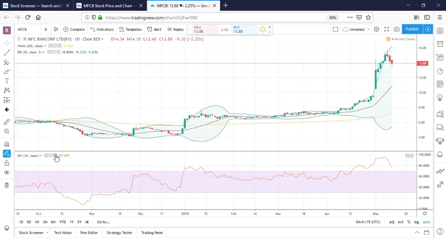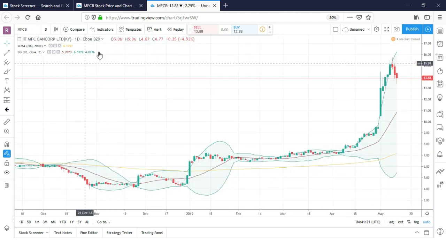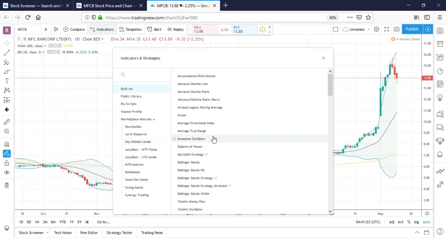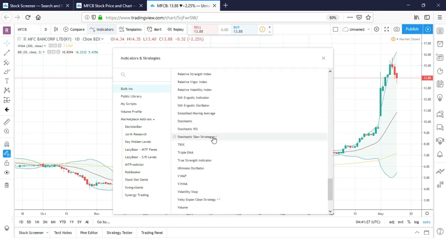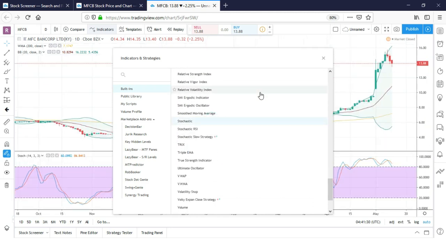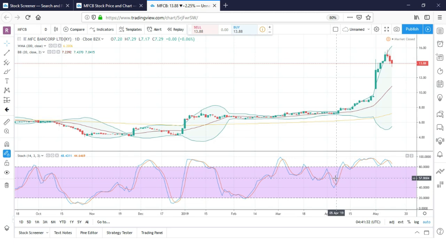You can also apply stochastic over here so that we can easily identify whether the stochastic is above 80 or not. We can use the stochastic figure, both lines percentage K and percentage D, and the price is almost around 80-85. That means the price is reversed down or moving to a central deviation.